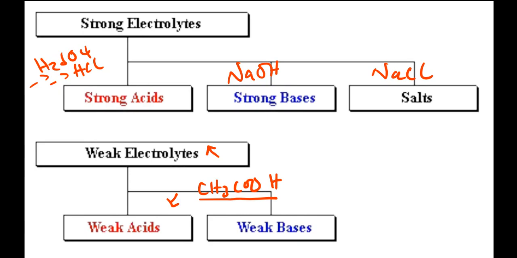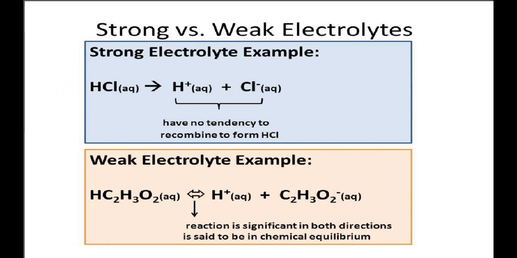All right, so here I have an example of a strong electrolyte and a weak electrolyte. For the strong electrolyte, I've used hydrochloric acid. When we dissolve hydrochloric acid in water, it forms hydrogen ions and chloride ions. We can see that there is total separation of these atoms, so this is a strong electrolyte.